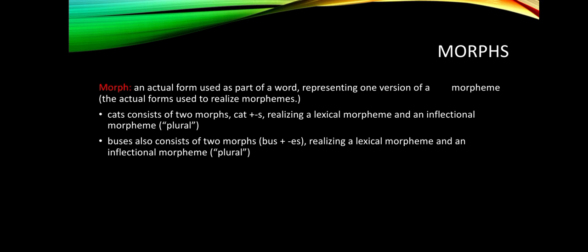So we have two morphemes here, one is lexical and other is inflectional. Similarly, in the word buses, we see it also consists of two morphs. One is bus, that is a singular noun. Then es, that is an inflectional morph that tells us about being plural, buses.